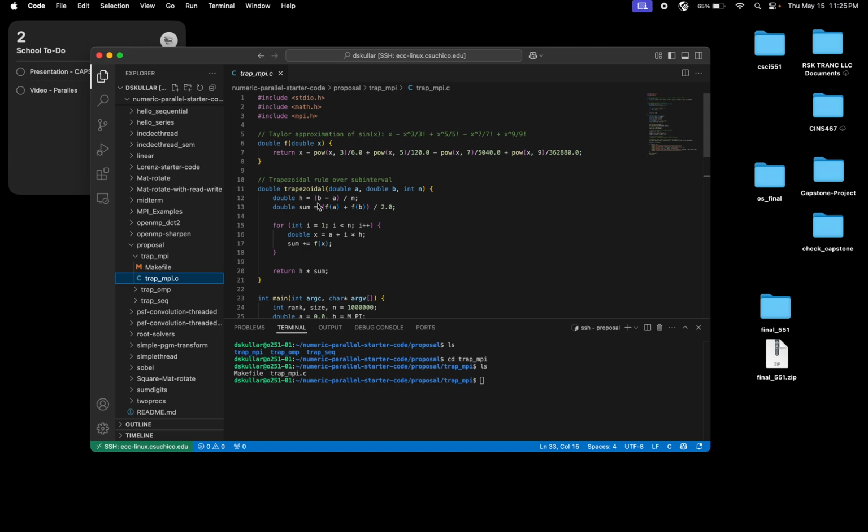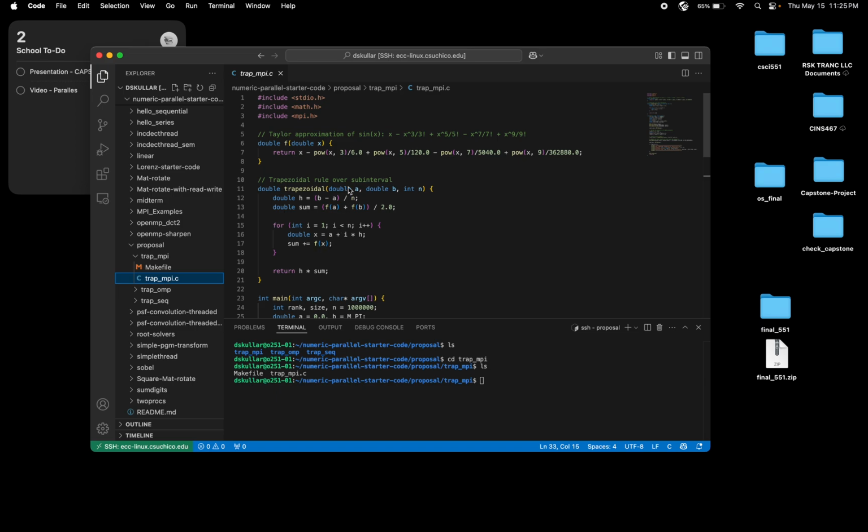So now let's look at our MPI version here. This version uses process-level parallelism to divide the computation across multiple processes, which is useful in distributed memory systems.